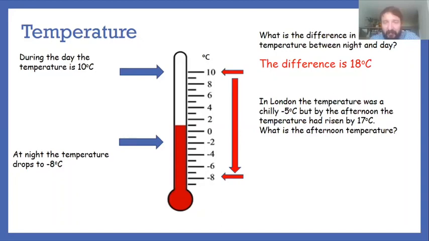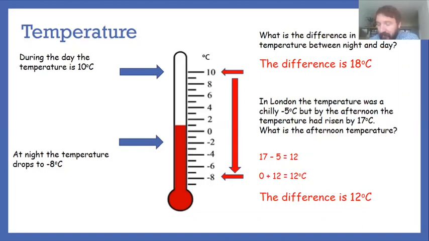Now the second question is giving you the difference this time. So it says that you start on -5 and the temperature has risen by 17. So what is the afternoon temperature? Well, I know if I've got 17 and I'm going to start at -5, and the jump to 0 means I'm going to take away 5 from 17, which leaves me with 12.